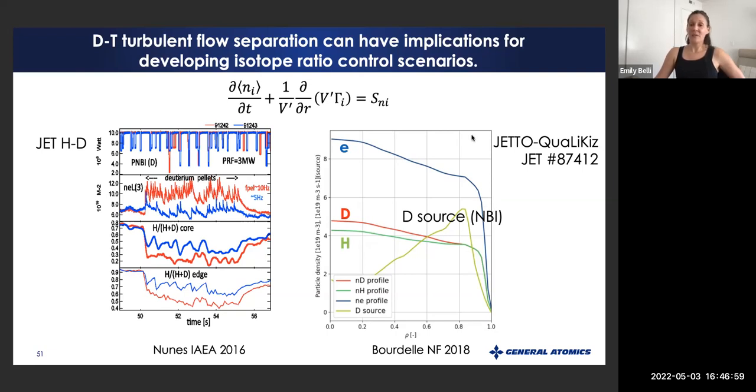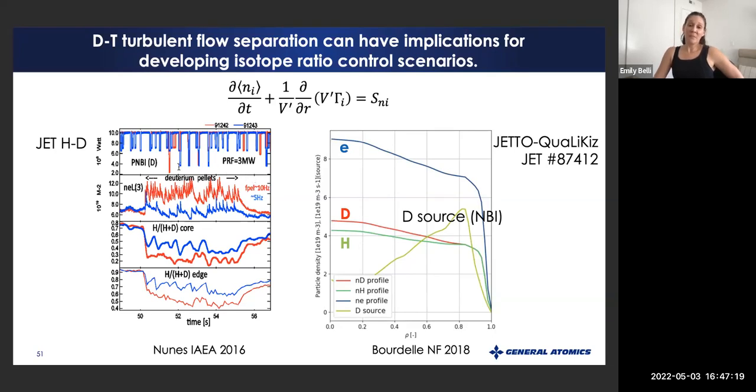And this is being done with integrated modeling frameworks like JETTO-QuaLiKiz. But control scenarios may ultimately involve core or edge pellet fueling or edge gas fueling for the mitigation of ELMs. And these studies are being done experimentally, currently in connection with the JET-DTE2 experimental campaign.